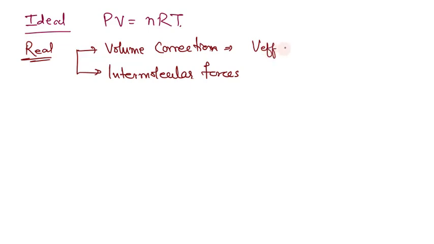So the effective volume in which all the molecules have their dynamics depends on the number of molecules. Let b be the volume of one particular molecule. So this is the effective volume correction, and there will also be a pressure correction. This pressure correction turns out to be proportional to n square by v square, that is the number density, N by V, the number of particles per unit volume, whole square.